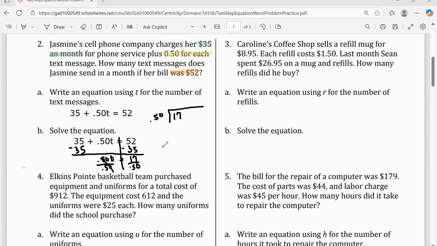Keep in mind, when you are dividing a whole number by a decimal, the first thing that you want to do is move this decimal to the right and make sure that it's a whole number. So if I move 50 hundredths to the right two times, one, two, now I have 50.